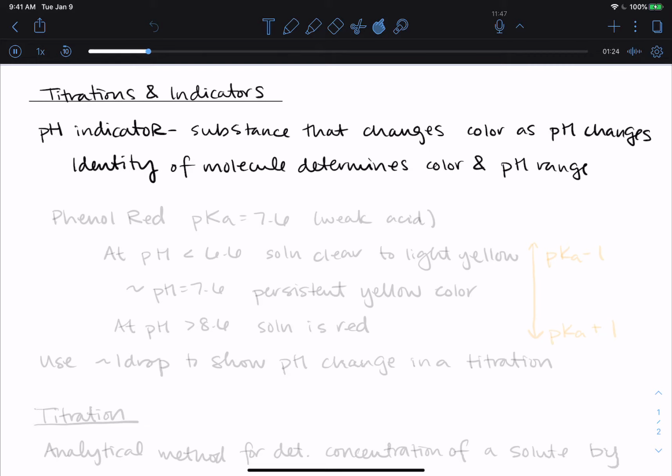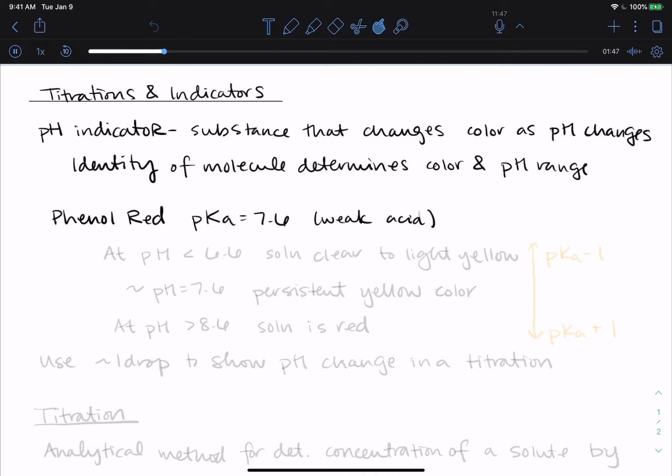So as an example, I want to look at phenol red. And this molecule has a pKa of 7.6. It is a weak acid.